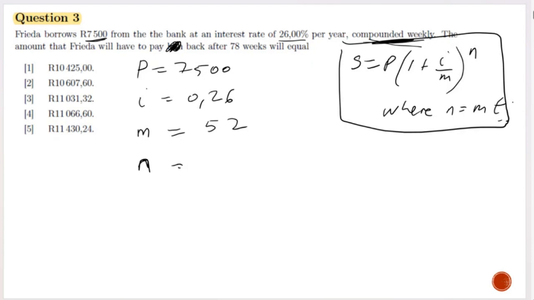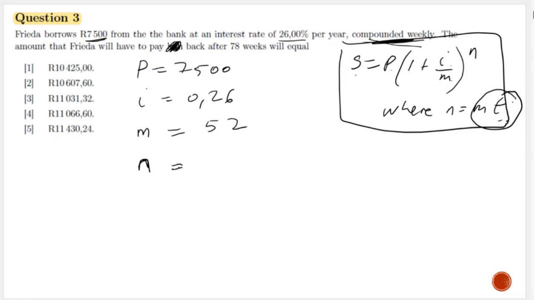The number of payments, that is your N. Remember, from your formula, S is your future value, P is your present value, I is your interest, M is the number of compounding periods. If your thing is compounding quarterly, that will be 4, and so on. And then there's N, and N is equal to the number of compounding periods multiplied by T. So in this case, what is our N?